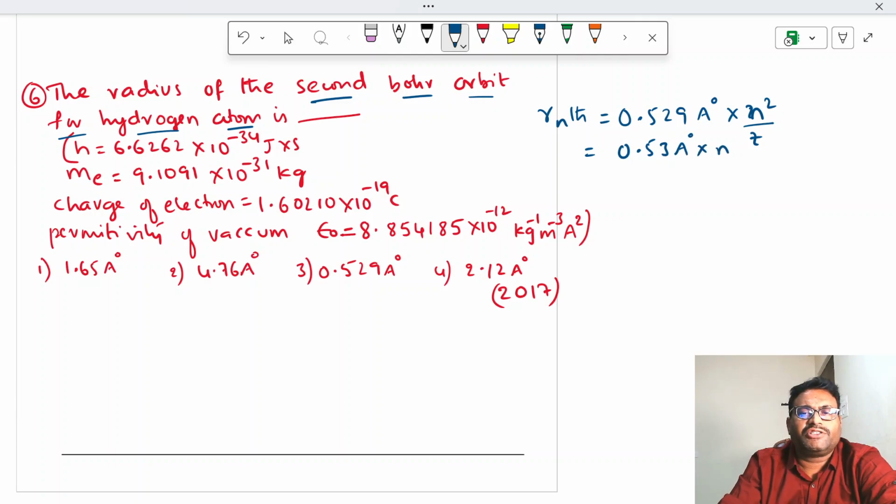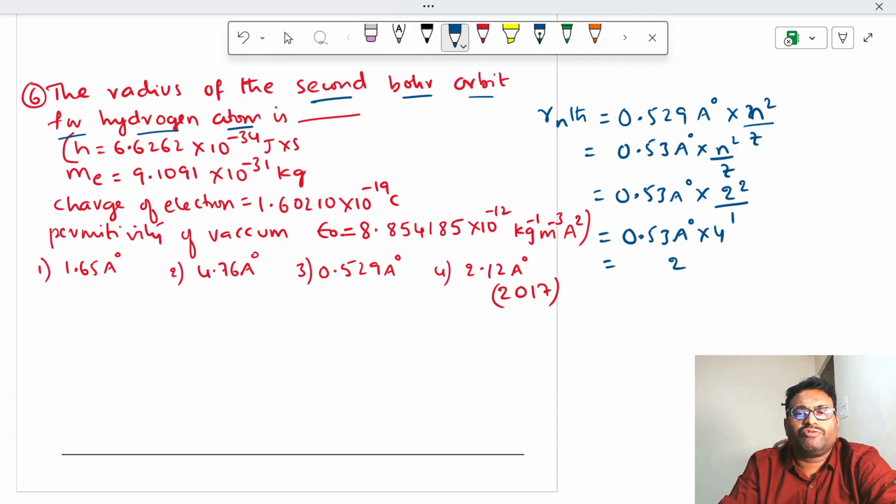For the hydrogen atom Z is equal to 1, and for the second Bohr orbit n is equal to 2. That is 0.53 angstrom units into 2 square by 1, which is 0.53 angstrom units into 4, that is 2.12 angstrom units. So we have the answer, 2.12 angstrom units.